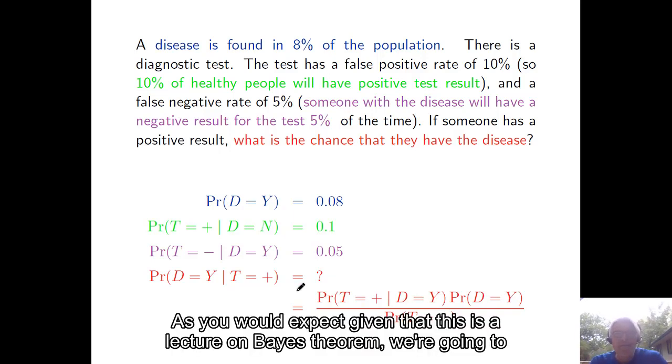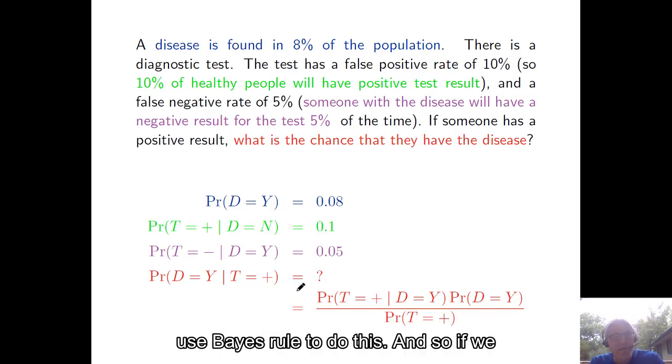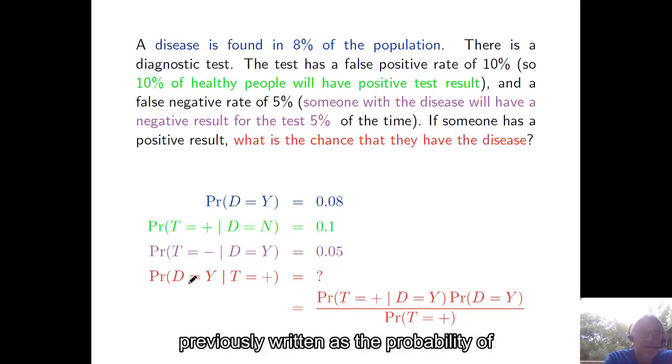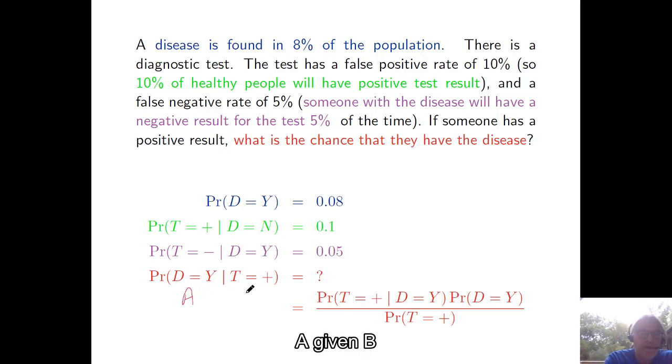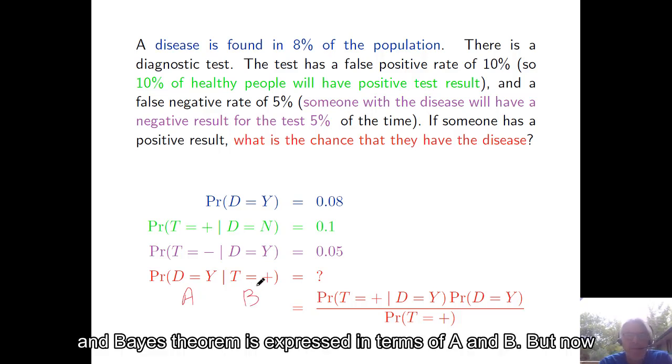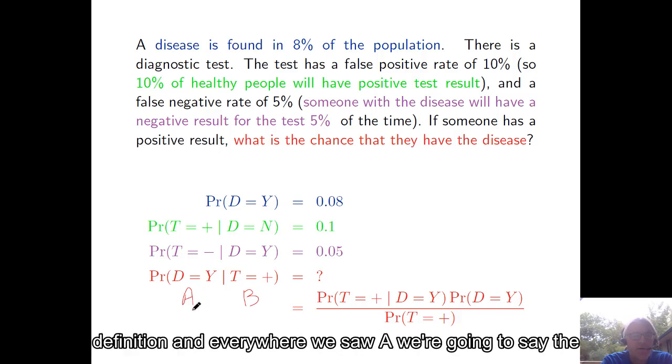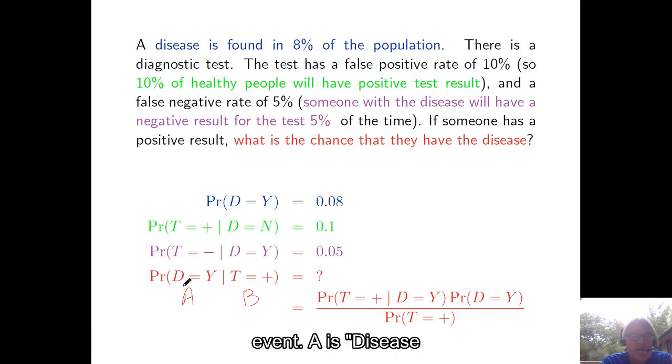As you would expect, given that this is a lecture on Bayes' theorem, we're going to use Bayes' rule to do this. This was previously written as the probability of A given B, and Bayes' theorem was expressed in terms of A and B, but now we're just going to go back to our definition, and everywhere we saw A, we're going to say the event A is disease equals yes.